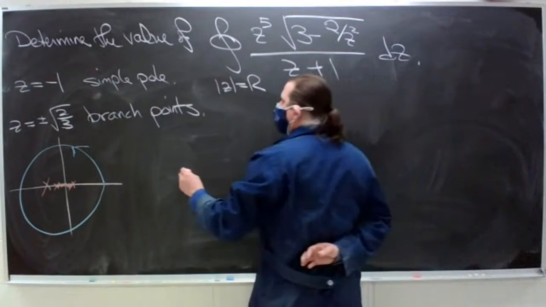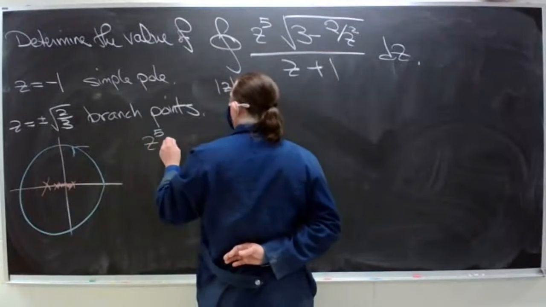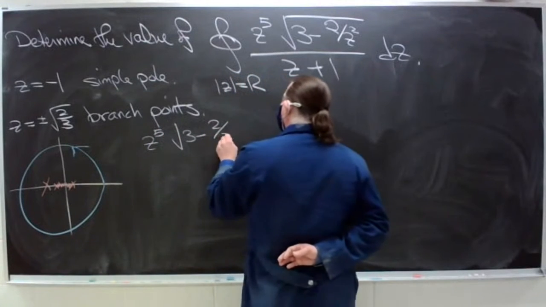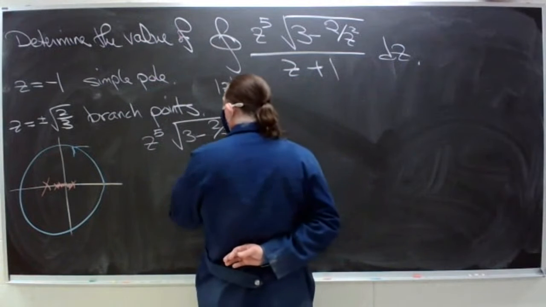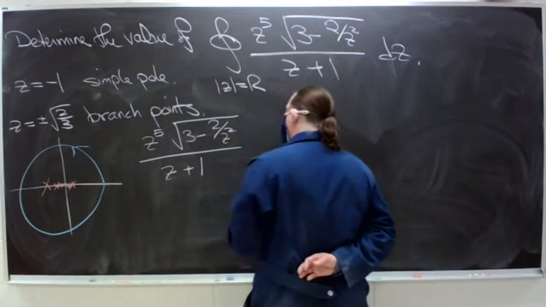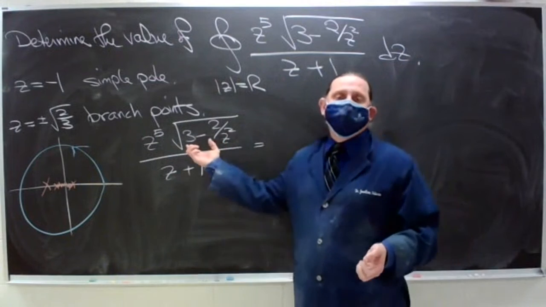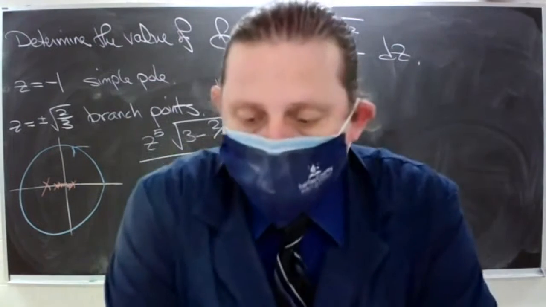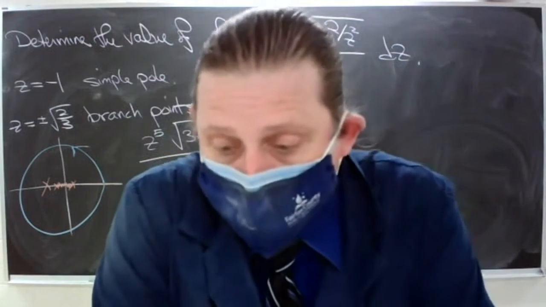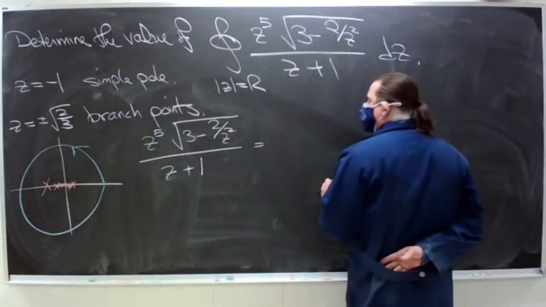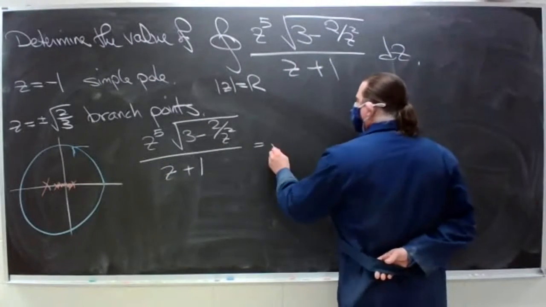So let's look at that. Here, I'm going to need to relate that to the binomial expansion. I'm going to take a square root of 3 out.